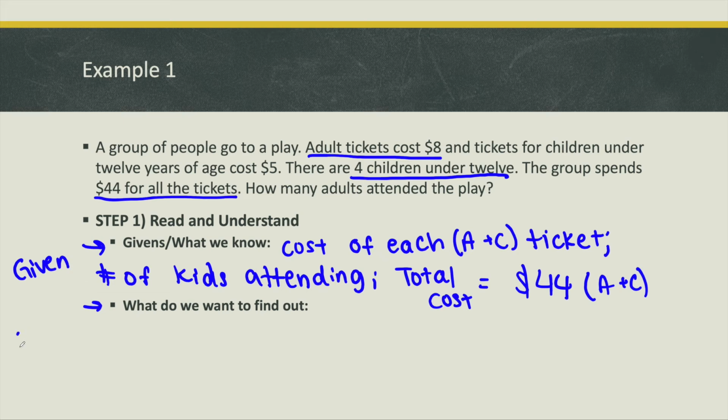Now our unknowns, or what we want to find out. What the question is asking us to find out. For this question, I just go straight to what the question is asking. The question says how many adults attended the play.